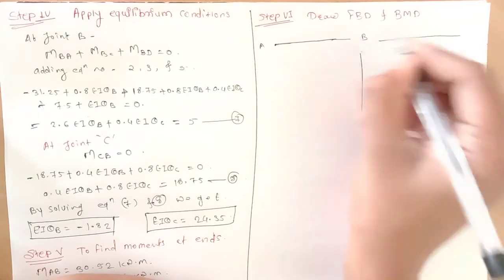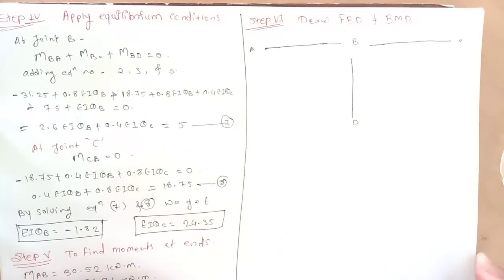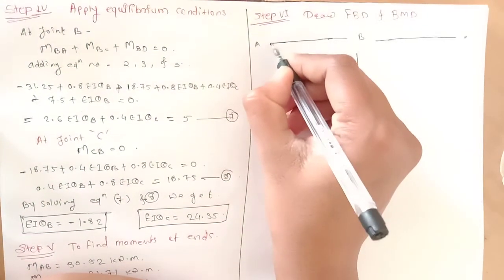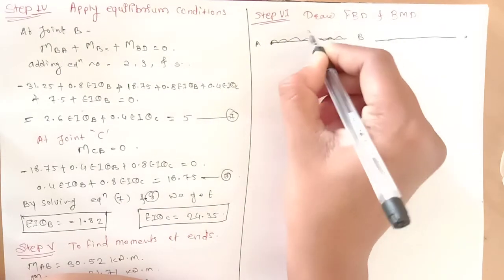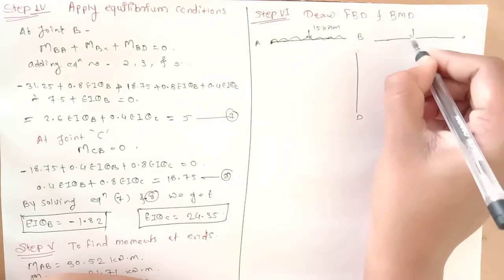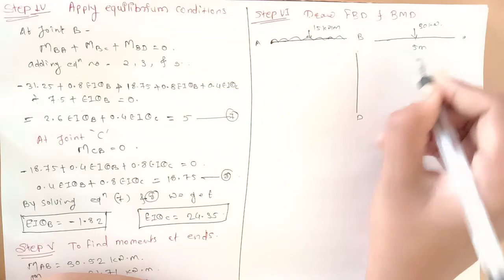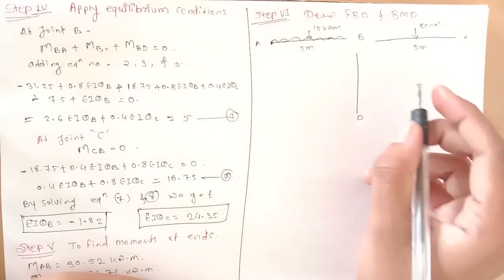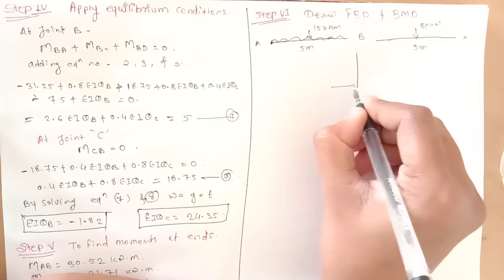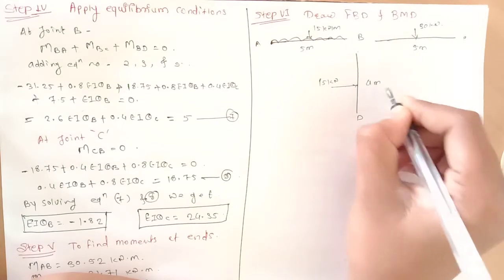A, B, C and D members. Over this AB member a 15 kilonewton per meter UDL is applied, and over this BC member a 30 kilonewton point load is applied. The total span is 5 meter, and the AB span is 5 meter. Then next, B to D, here a 15 kilonewton point load is applied, and the total span is 4 meter.